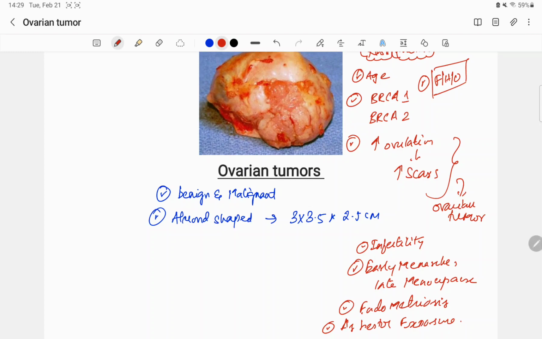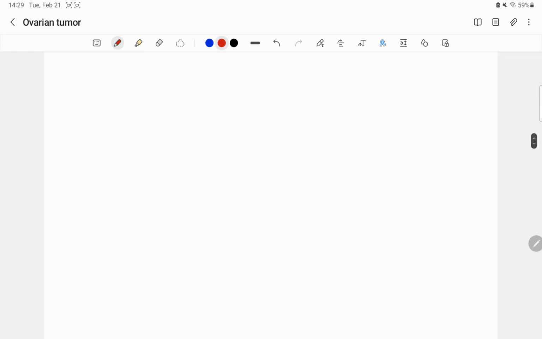And then we'll study the clinical features of ovarian tumors. The ovarian tumor is usually considered an asymptomatic silent killer, but 90% of the patients do exhibit symptoms before the diagnosis, right?